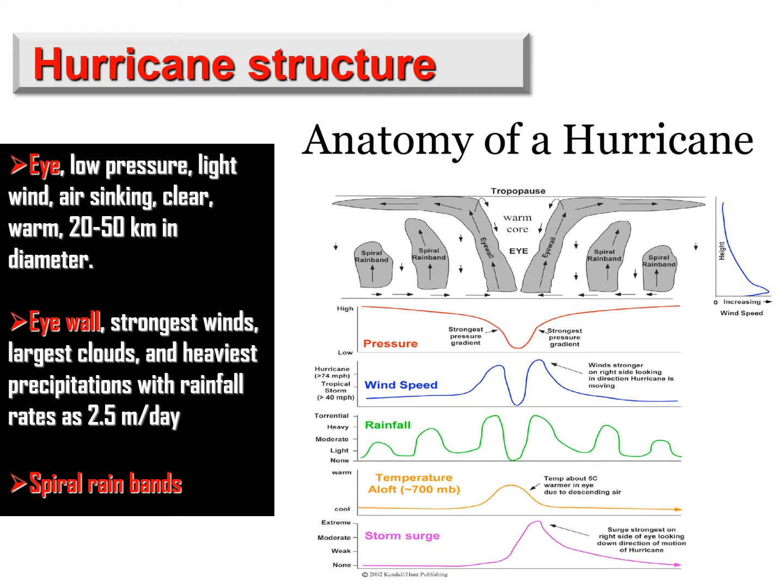Okay, let's first understand the airflow of the hurricane structure. At the surface, what is the wind doing? At the surface, the air comes to the center. We call this convergence to the center.